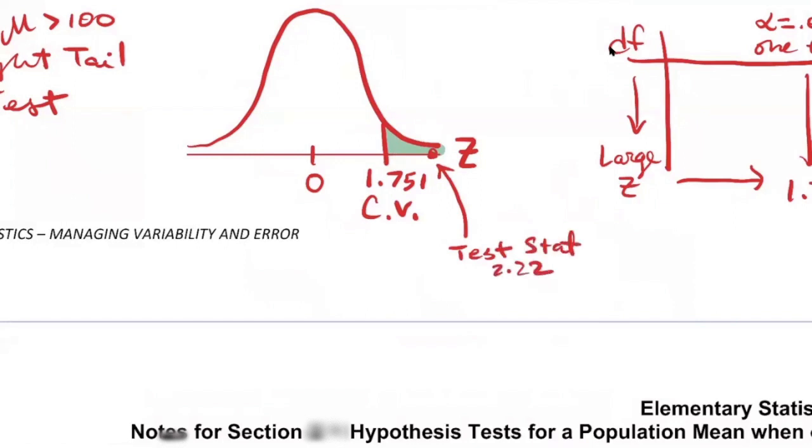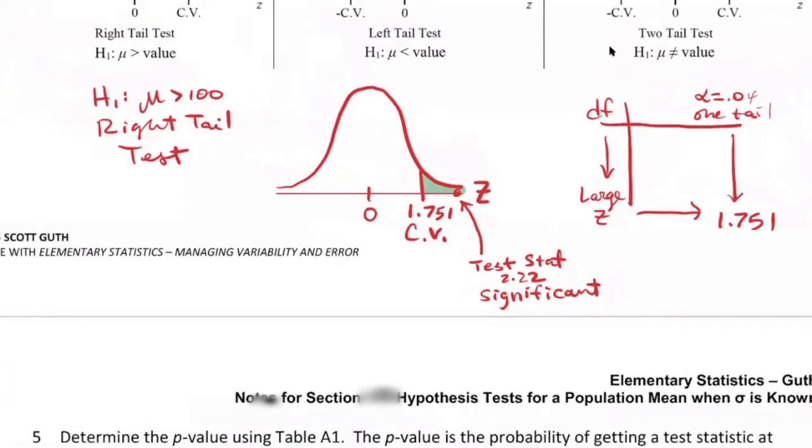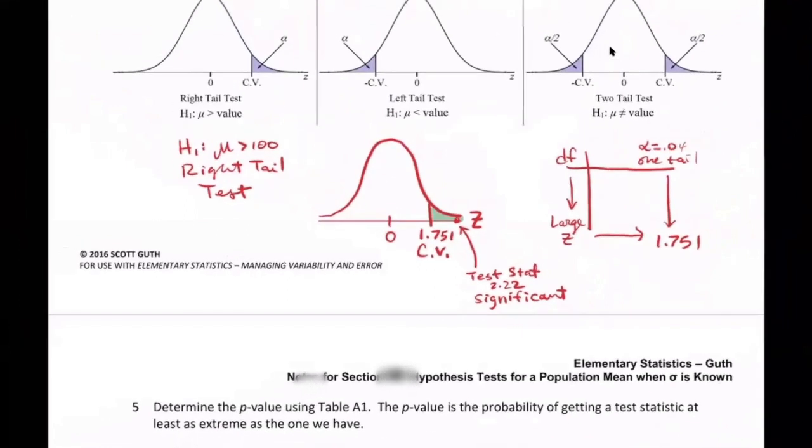Because it makes it out past the required number of standard errors, we would consider it significant. I don't know how significant. I need a p-value for that. Okay, any questions about anything yet?